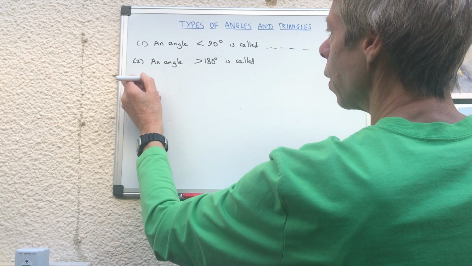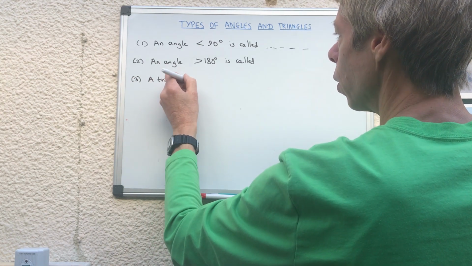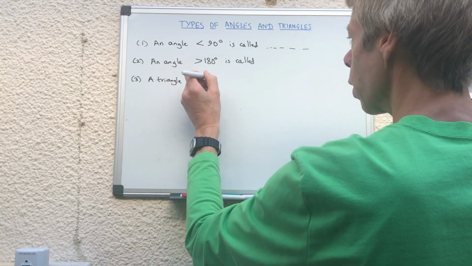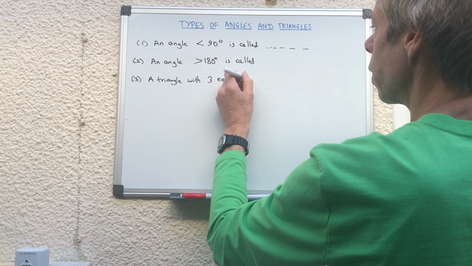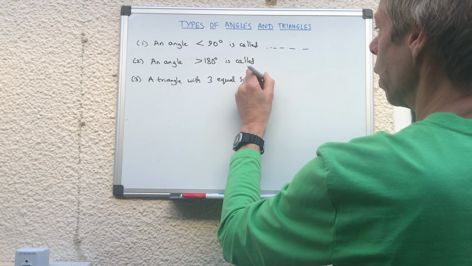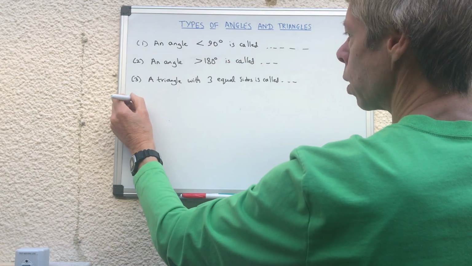Number 3, a triangle with three equal sides is called what?